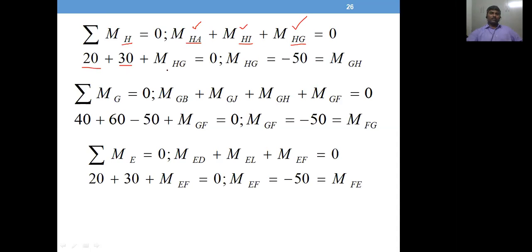Okay, so now the beam end moment at H, location H, is minus 50, and the other end also same, minus 50.